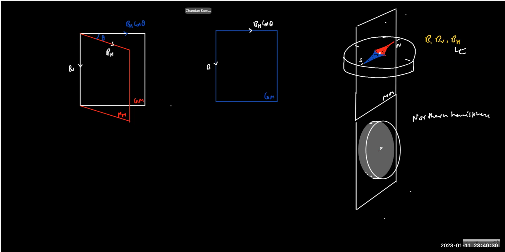Just a minute, let me pause. So what is this angle? This is the true dip. Do you realize this?